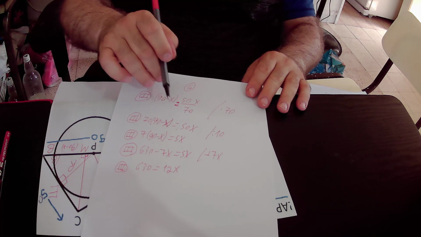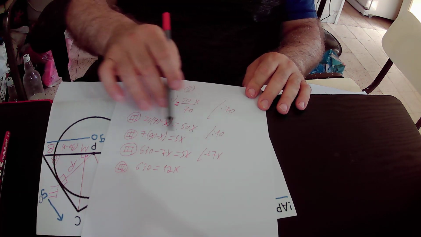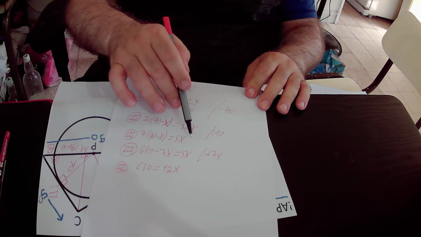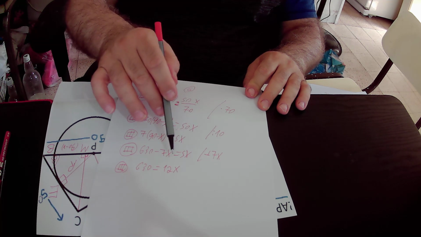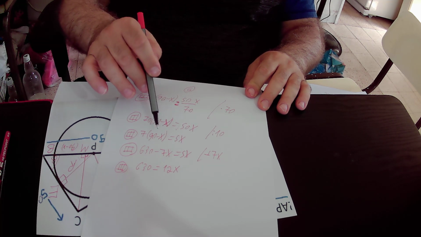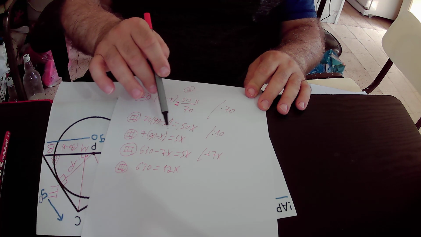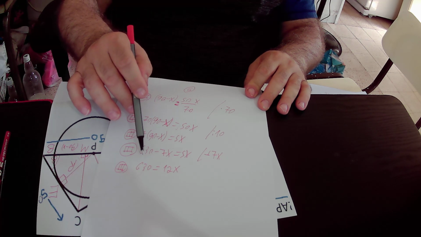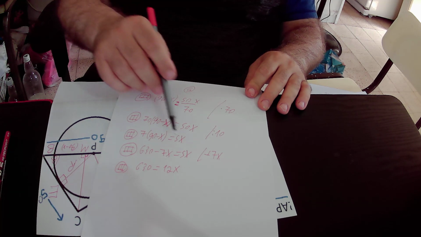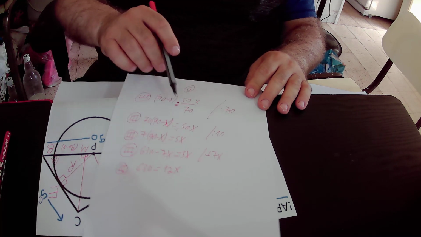So we added 7x to both sides of the equation. 5x plus 7x equals 12x, and 630 minus 7x plus 7x equals 630. Here we will divide both sides of the equation by 6.